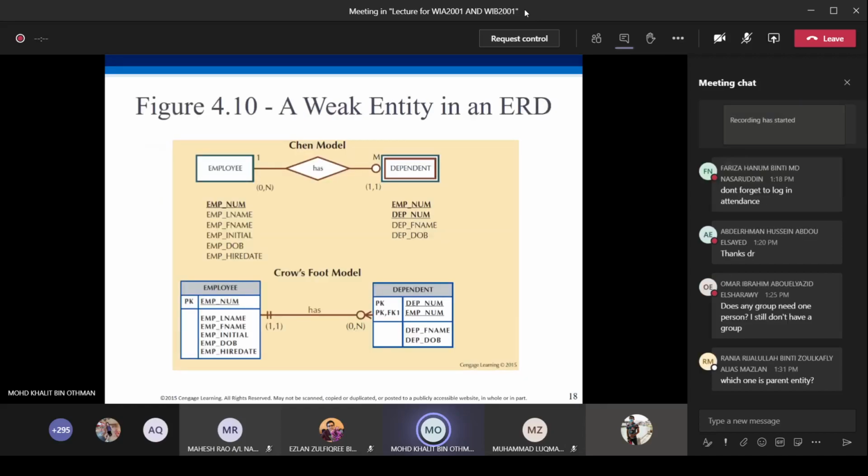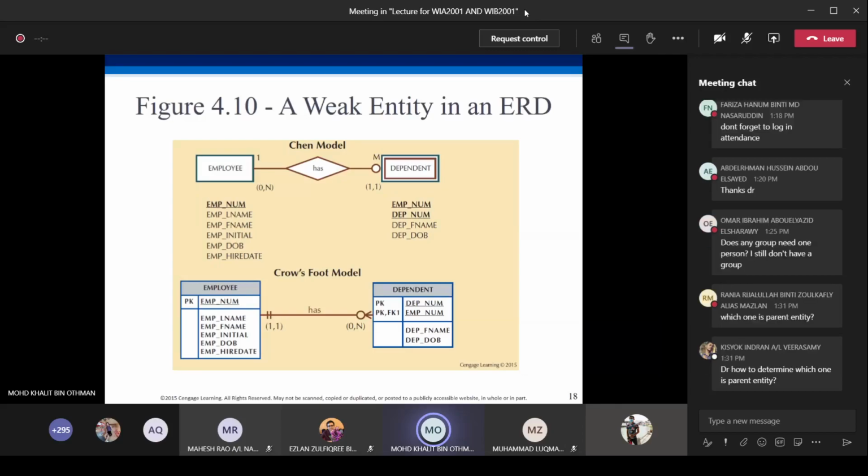Figure 4.10 is an example of a weak entity in an ERD. Based on this Chen model, you can see, for example, we have an employee here. Let's say we have an example for weak entity, which is dependent, a weak entity of employee in this relationship.